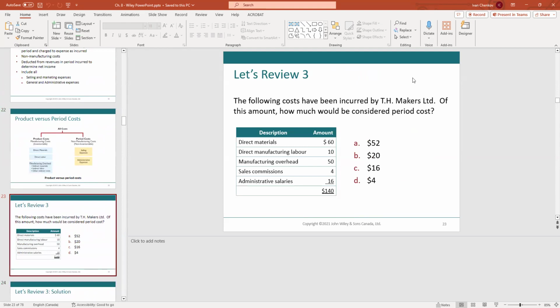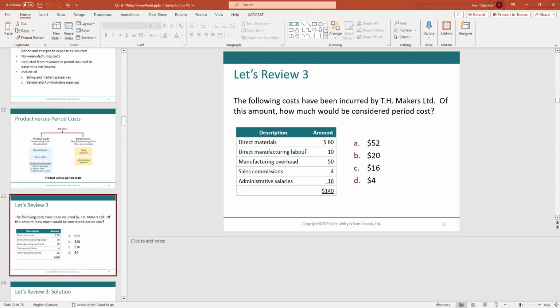We have the following costs. Of this amount, how much will be considered period cost? Now we're chasing the period cost. Direct material, what kind of cost is that? Product cost. So that's gone.